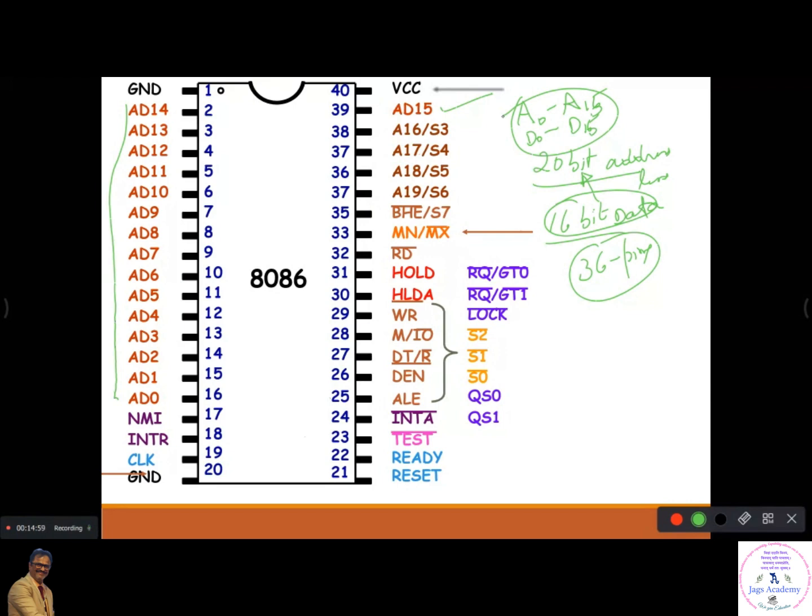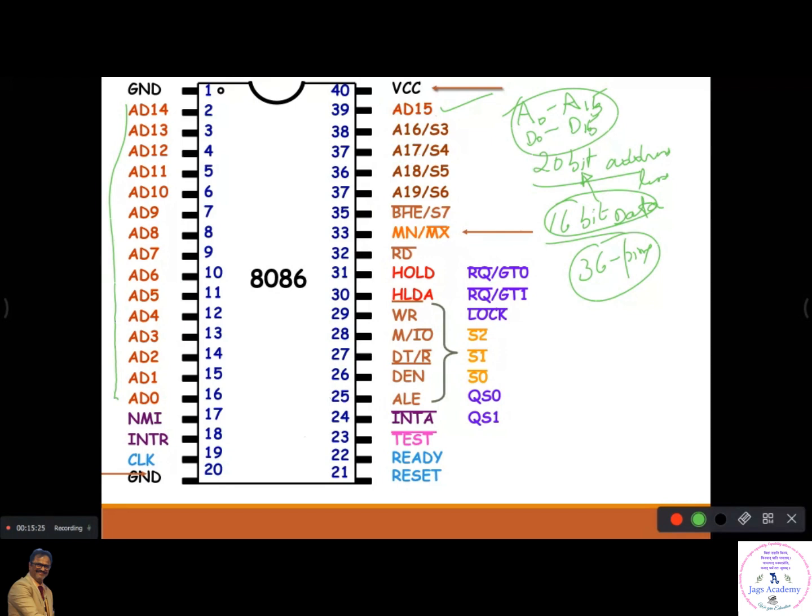So what is important here to understand is the address data line. I have told you about the address data line. See AD0, see these are pins, AD0 to AD15. It is used as both address and data, right? 16-bit data and 16-bit part of the address, but the address is once again 20-bit, right?